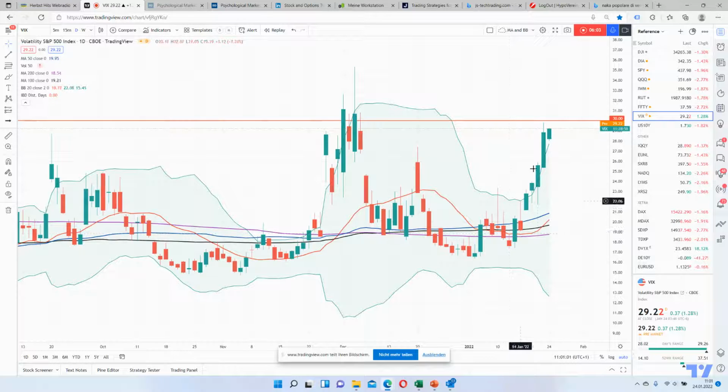Now it's peaking up very close to this limit of 30, which indicates high volatility in this market, on top of the fact that we are in a market correction at the moment. So this is another strong signal for us to stay patient, stay on the sidelines, be fully in cash and wait for better market conditions.